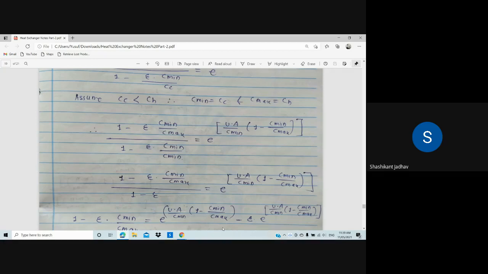So we get the equation at the right hand side as e raised to u into A C minimum divided by C minimum into bracket 1 minus C minimum upon C max, minus epsilon into e raised to u into A divided by C minimum into bracket 1 minus C minimum upon C maximum. Did you understand? Take the 1 minus epsilon in the denominator to the right hand side and multiply that equation. Multiply by 1 and then we have to multiply by the epsilon.